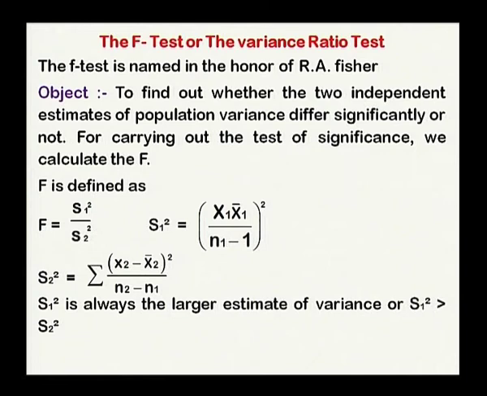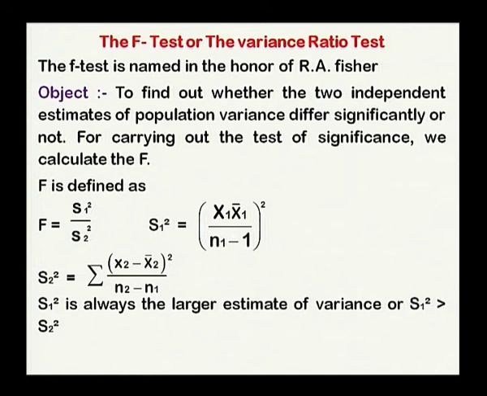For carrying out the test of significance, we have to calculate the F. F is defined in this manner: F is equal to S1 square divided by S2 square, where S1 square is equal to the summation of x1 minus x bar 1, squared, divided by n1 minus 1.